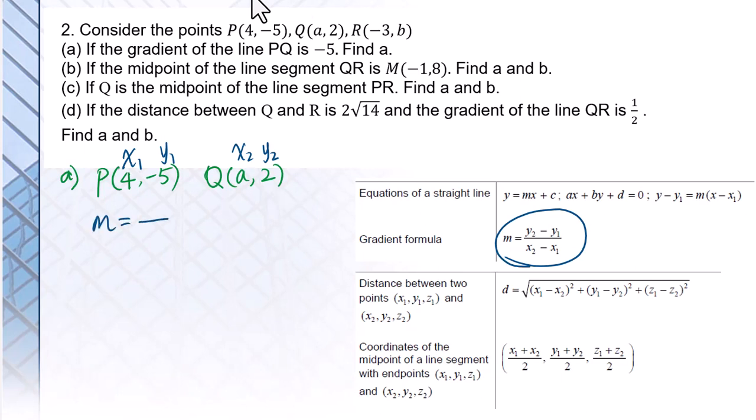Slope equals gradient equals y2 minus y1, 2 plus 5, over x2 minus x1, a minus 4, equals -5. You can solve this equation by hand. I will show you how to use Nspire to solve this equation.